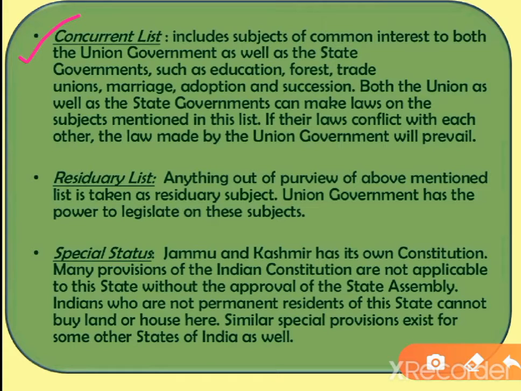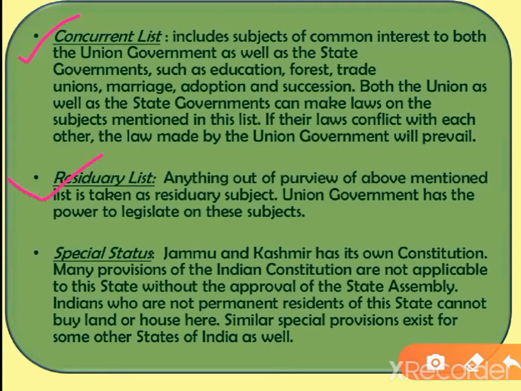Both the union as well as state governments can make laws on the subjects mentioned in this list. If their laws conflict with each other, the law made by the union government, or central government, will prevail. The Concurrent List has 47 subjects.